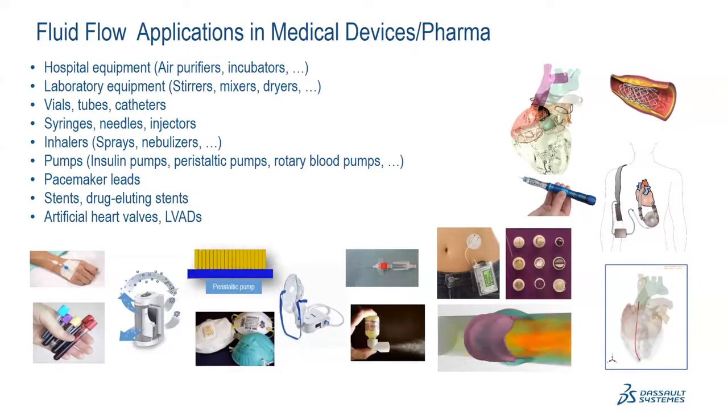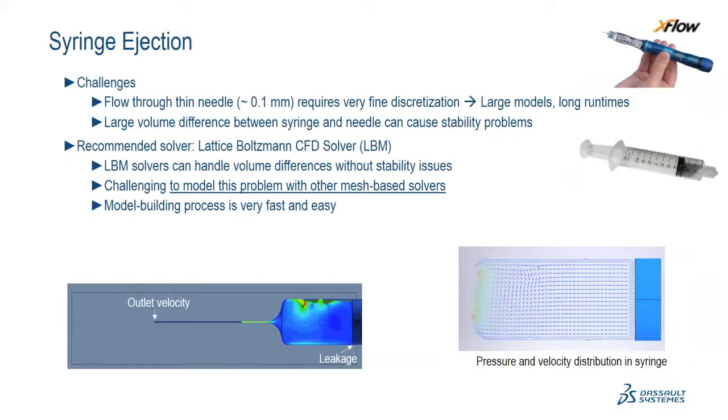If you take a closer look at some of the fluid flow applications in the medical or pharma industry, you'll find quite a varying range of fidelity, with some being pure fluid flow and some requiring multiple physics to be modeled. For the next few pages, you'll see how we address these scenarios. One of the first examples I'd like to highlight is this syringe ejection.